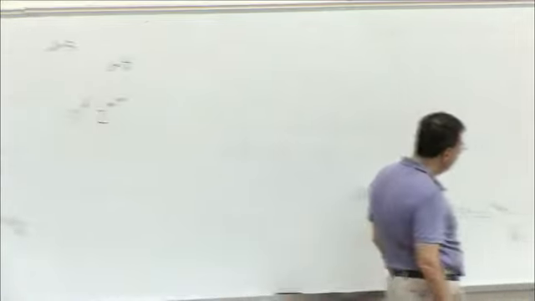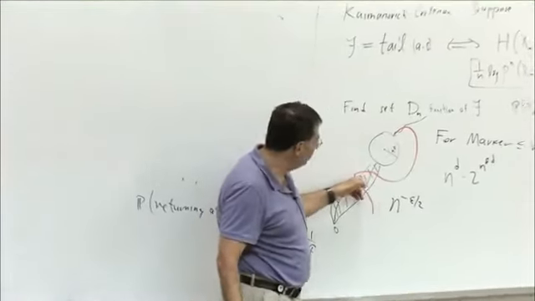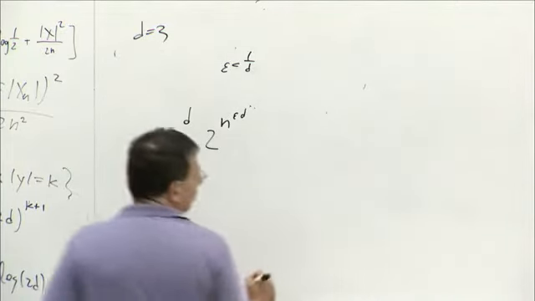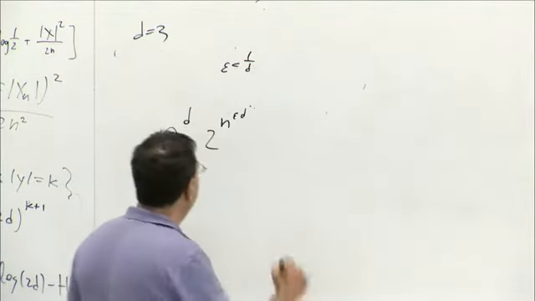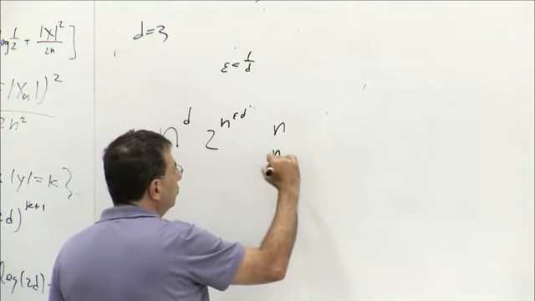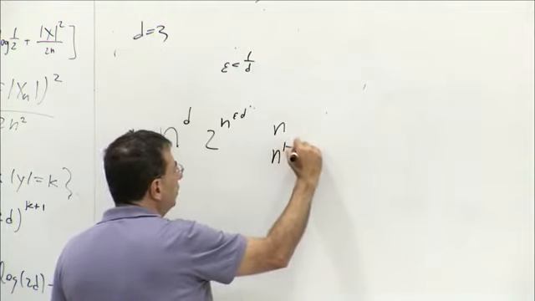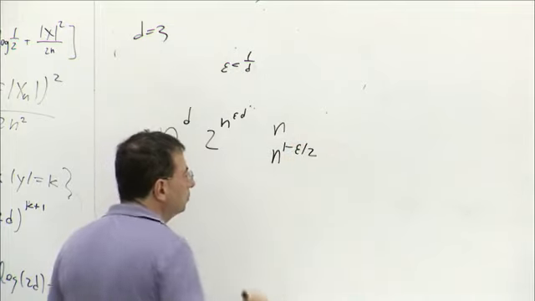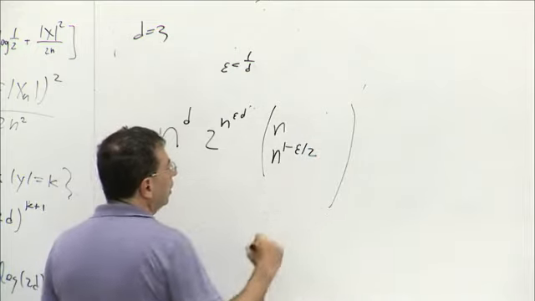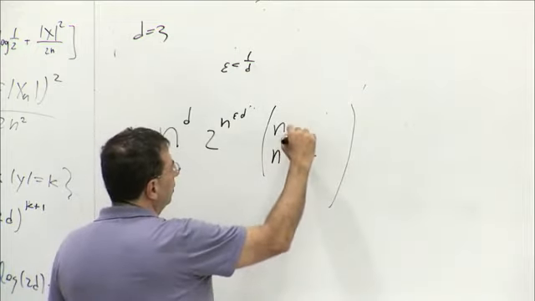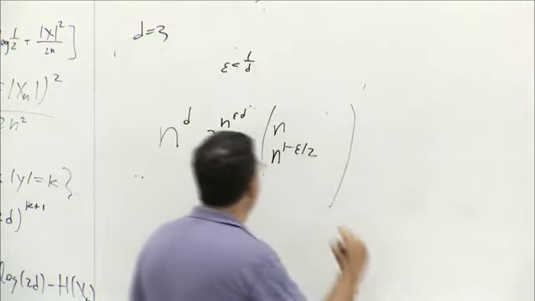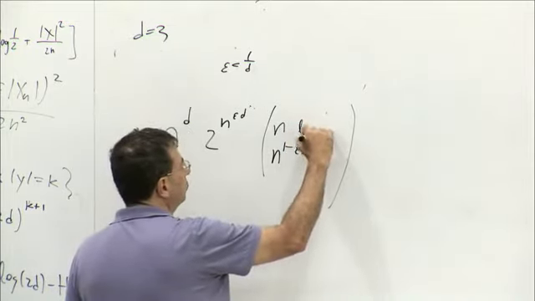Now we're going to enumerate over where the future intersected the past. How many options are there? In the past, there are only n points, and the number of intersections is at most n to the 1 minus epsilon over 2. There's some log factor here because I don't know exactly where the walk is, but the logs don't matter.